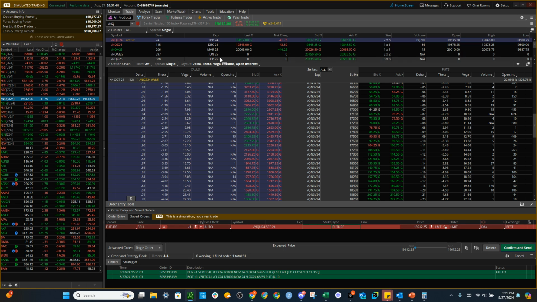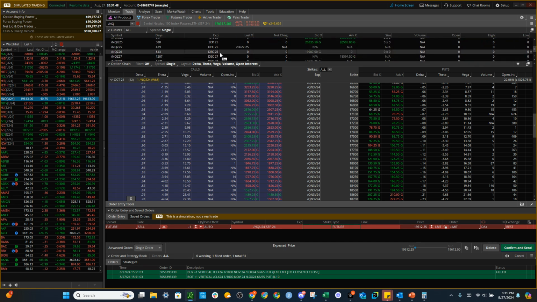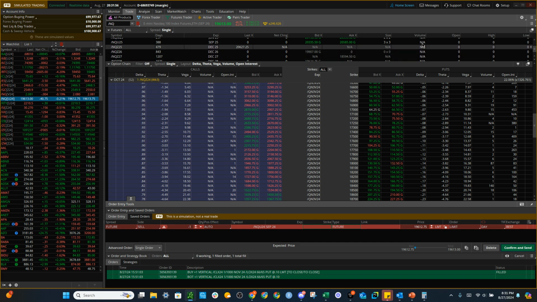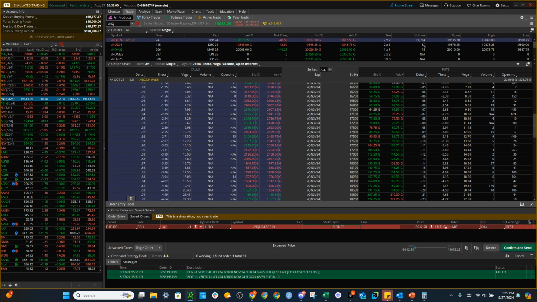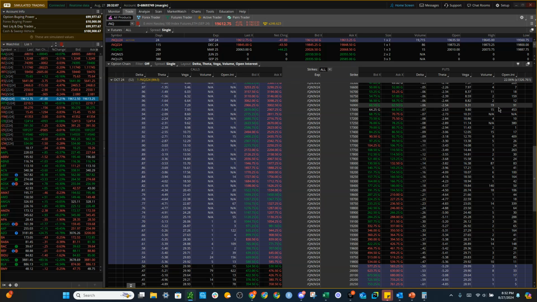Then you go down, you get September 25, December 25, and then they list one additional December contract further out. But if you see the volume in these contracts, there's nothing going on. The only number that you can see in the volume column is in the front month. And I will show you how to look at the option chain and how to set up this trade.